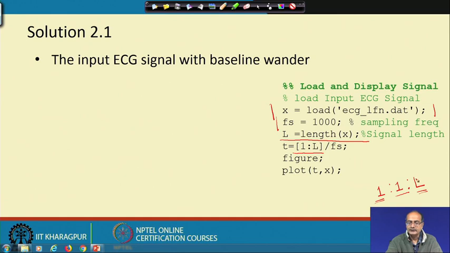And as we want to plot it in terms of time rather than the sample number, we have multiplied this vector with 1 by fs, which gives us the sampling interval. Then we create the plot by using the command figure, and we have the plot here.